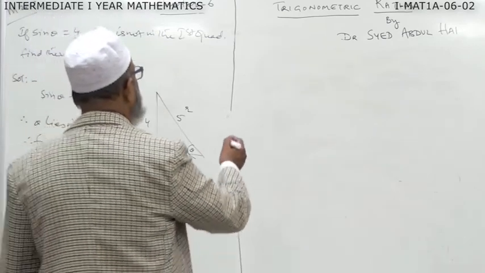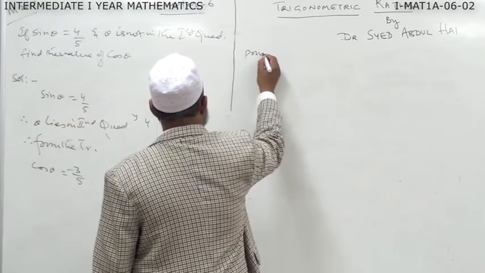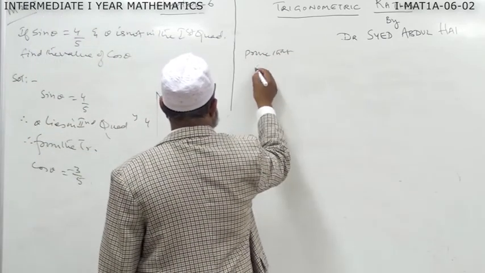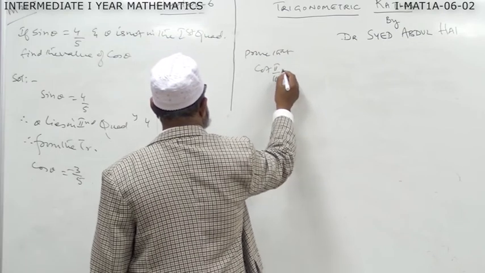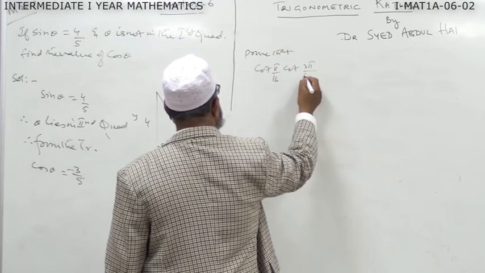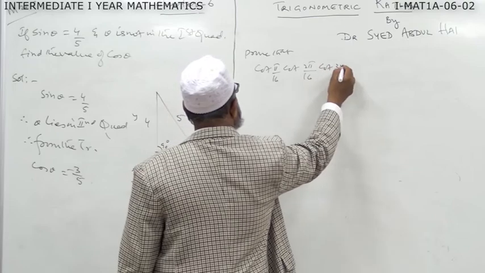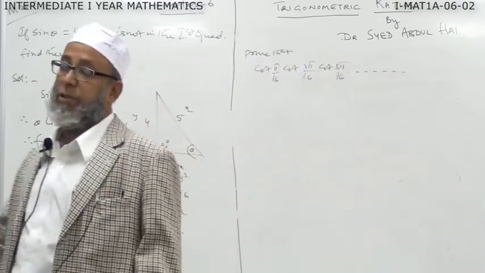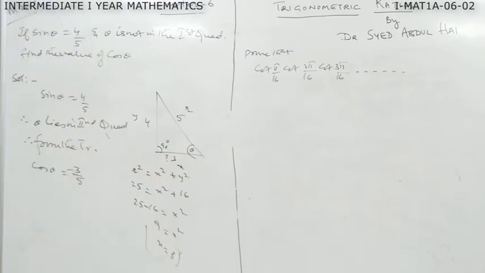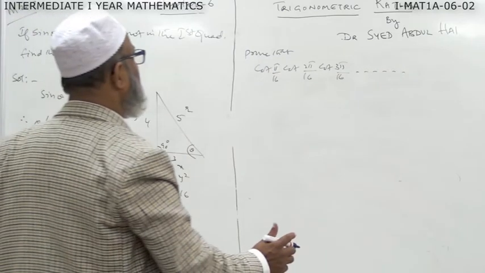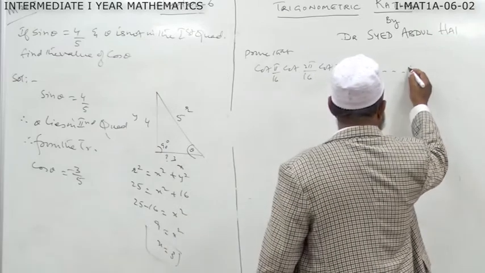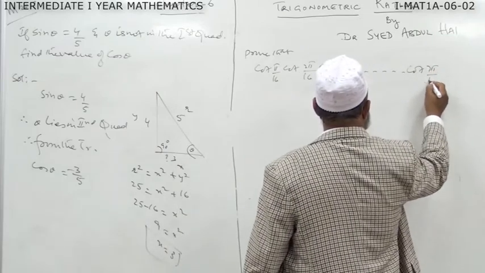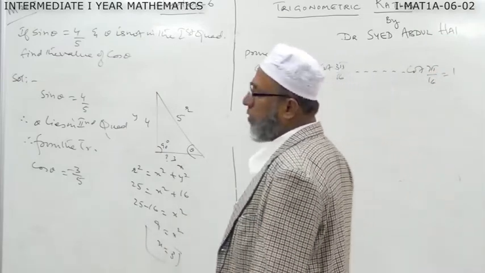Question is, prove that cot pi by 16, cot 2 pi by 16, cot 3 pi by 16, and so on up to cot 7 pi by 16 is equal to 1.